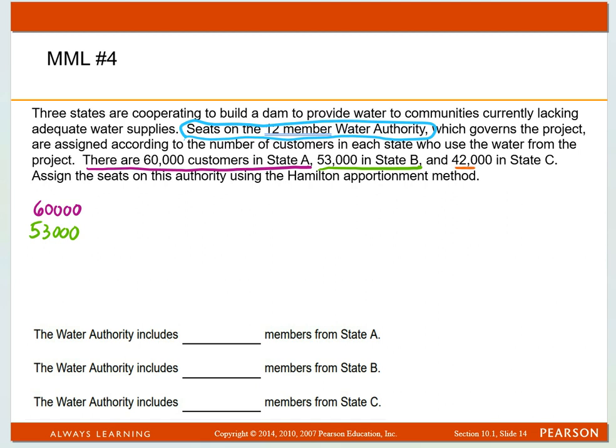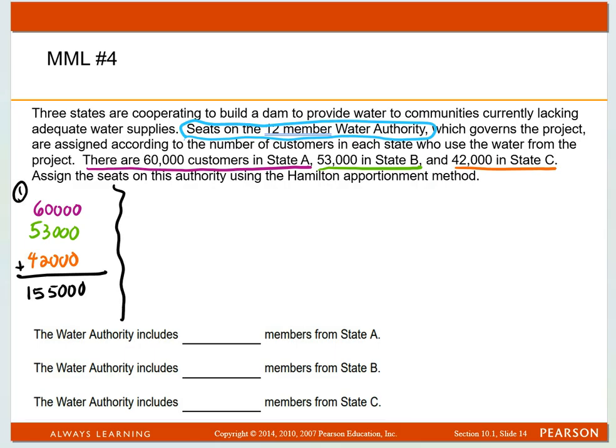And then you got 42,000 in state C. All right, so the first thing you have to do is add all these numbers up to figure out the total population. And that adds up to 155,000 people. All right, so that is step one.